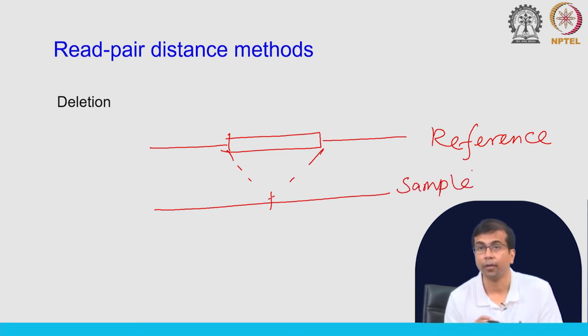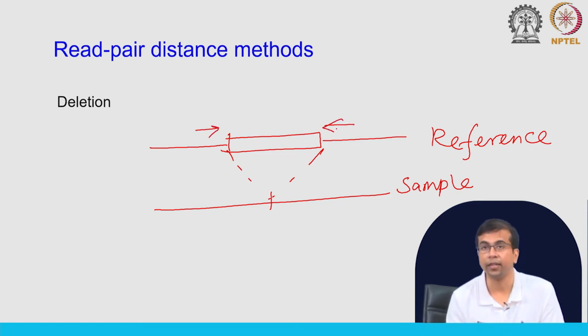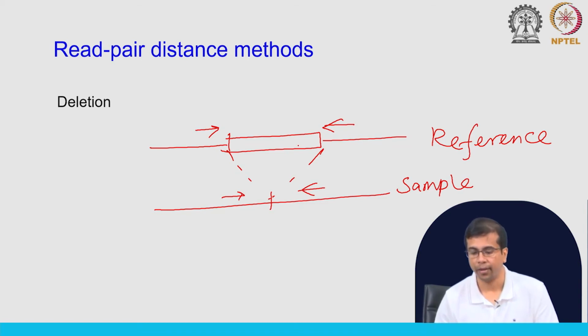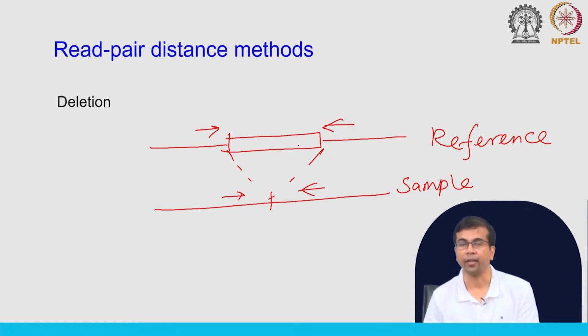If you are mapping these reads, the distance between these reads will change, it will be reduced because this region is deleted now. If we observe this kind of change in the distance, that might tell us there is probably an SV present there.